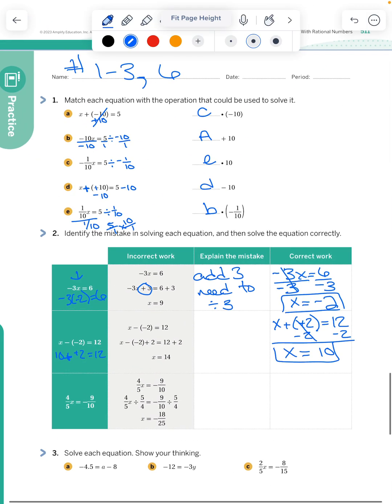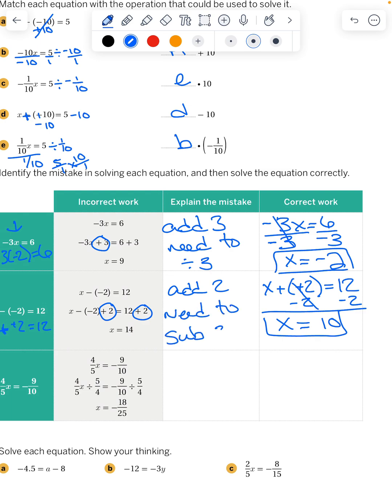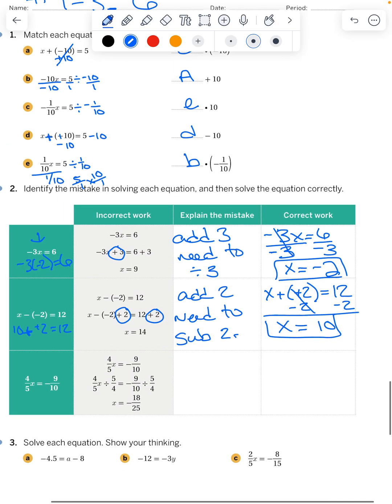It sure is, so I know I've done mine correctly. Let's see what they did. We subtracted 2 from both sides. They added 2 to both sides. So they did the incorrect sign. They added 2, need to subtract 2.